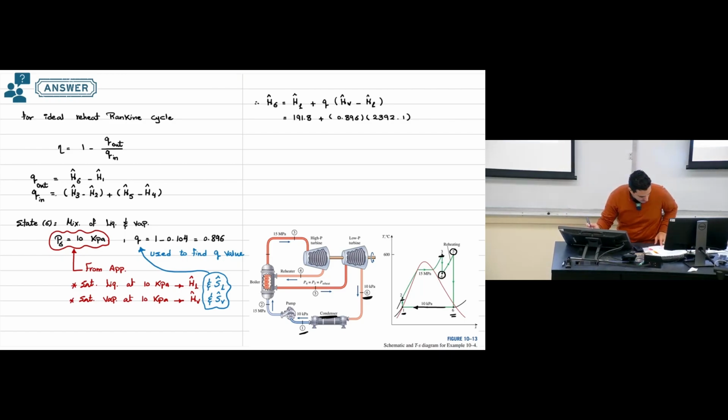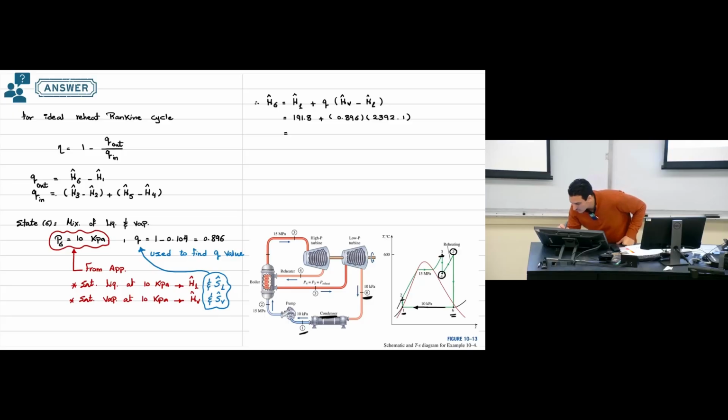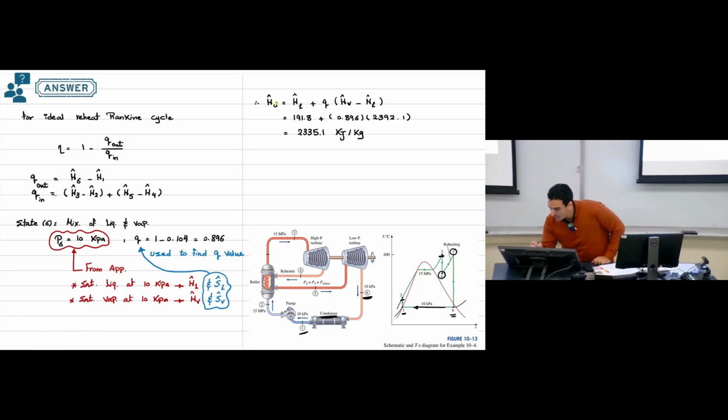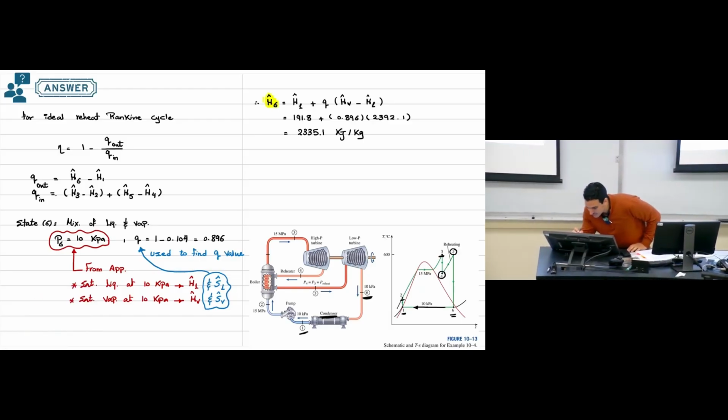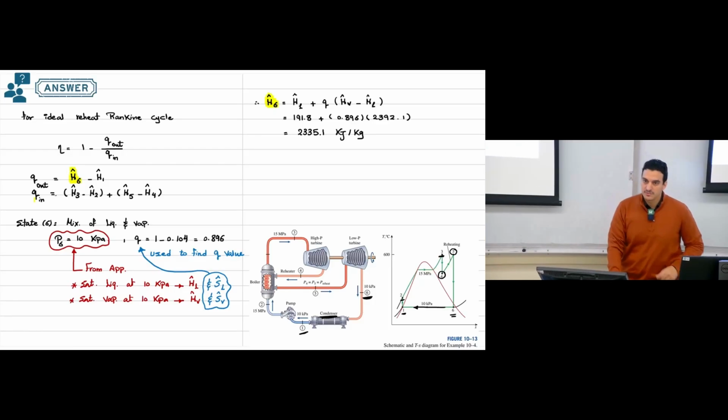So you can substitute here, and here we will find enthalpy at point number 6. That will be 2335.1 kilojoule per kilogram. So now I calculate enthalpy at point number 6, and this is one of the enthalpies I need to calculate the Q in and Q out.